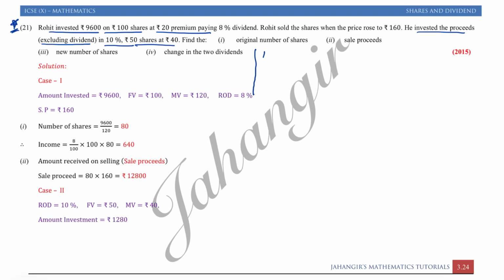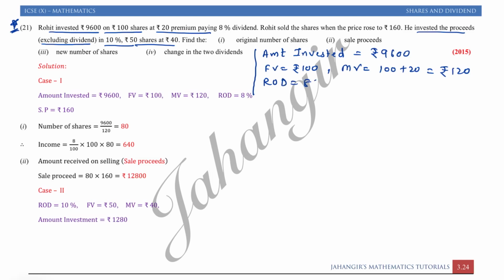Amount invested is equal to rupees 9600, whose face value is rupees 100 at a premium of rupees 20. So MV is equal to 100 plus 20, that is rupees 120. Paying 8% dividend, ROD is equal to 8%.